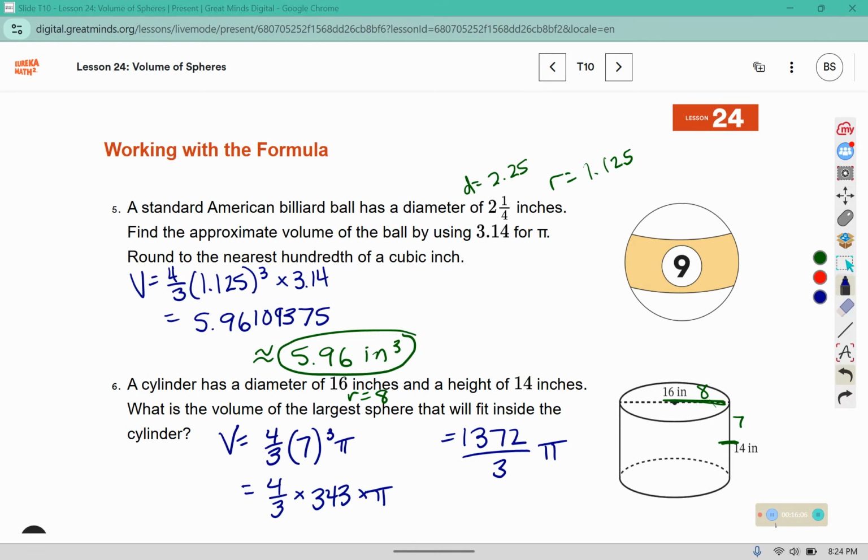It does not ask us to round, so we can leave our answer like this. 1,372 is not divisible by 3, so it will not come out to a convenient decimal. It'd be better to leave it as a fraction.